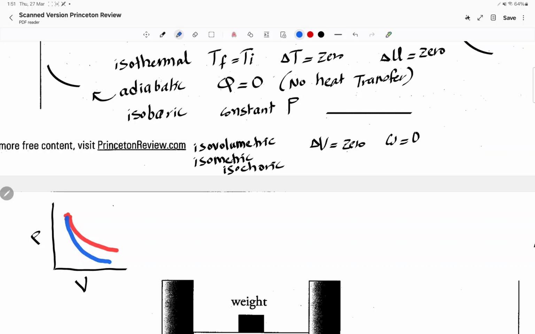Okay. So here the blue one is the adiabatic, and the red one is the isothermal.